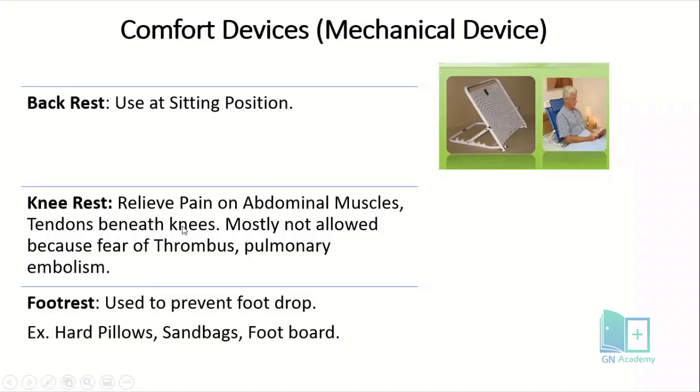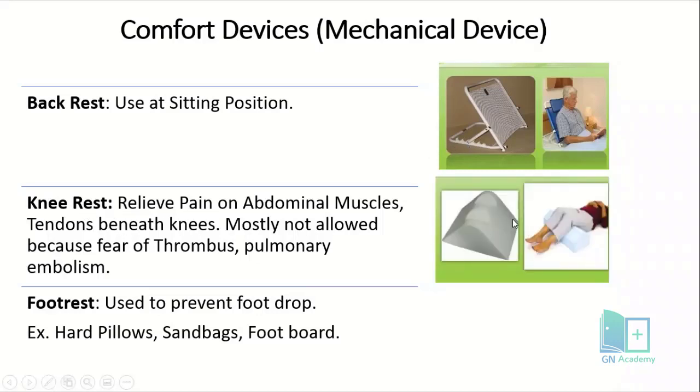So next, knee rest. Knee rest is the device to relieve the pain, especially on the abdominal muscles and the tendon pain beneath the knees. To relax the tendon beneath the knees, right? The tendon beneath the knees can be relaxed by the device called a knee rest.